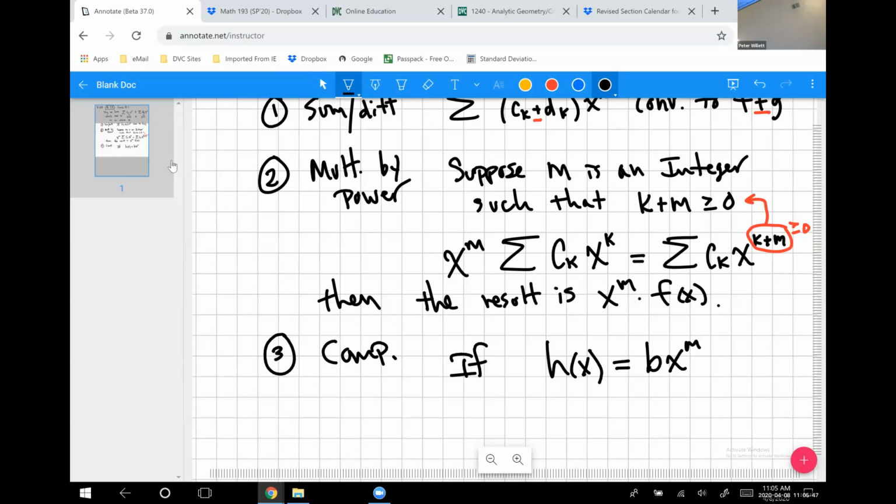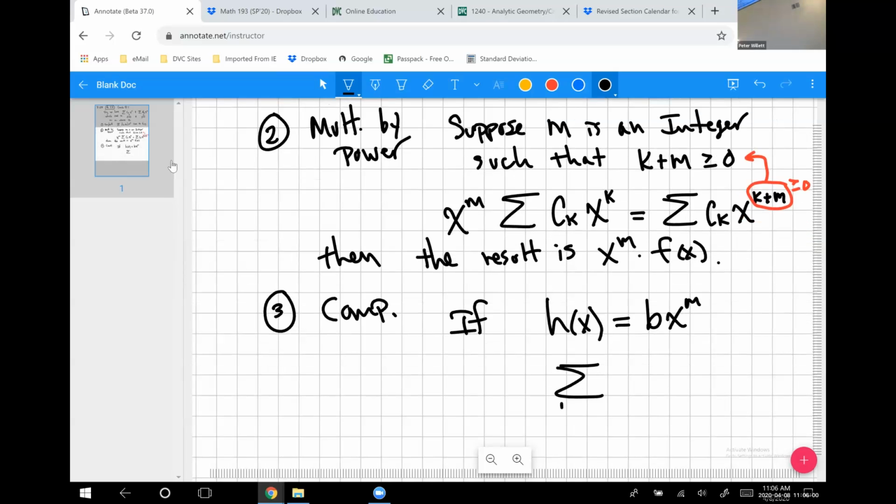And so let's say that you plugged that into the power series that you had before. So imagine that you have this and you plug this in. So then let's see, I'll write below it here, the summation as k goes from 0 to infinity of c sub k. And so normally up here you had x. So let's say we plugged into this function h of x, and then that's raised to the k.